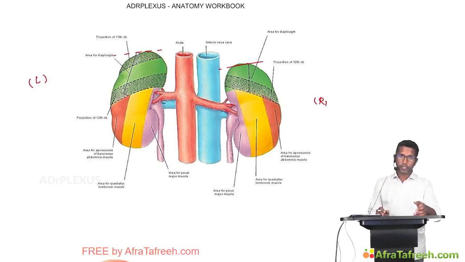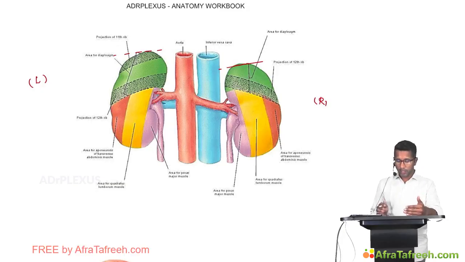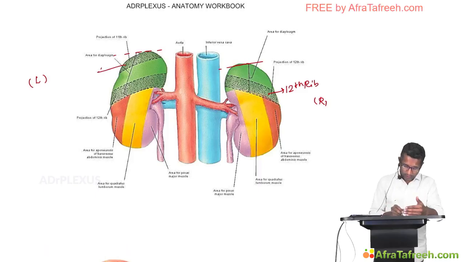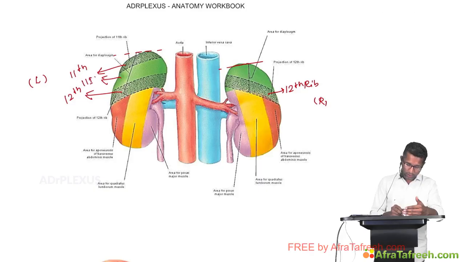On the right side, the kidney is related to the 12th rib, and on the left side it is related to the 11th and 12th ribs, and to the 11th intercostal space.